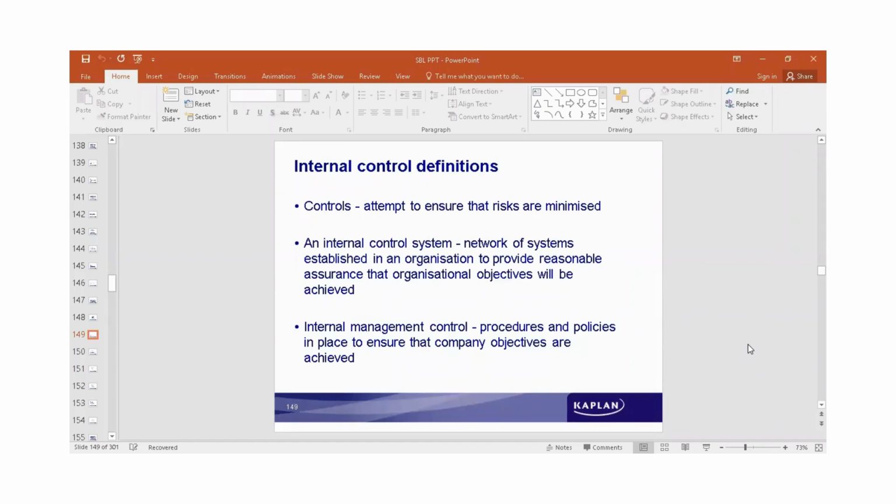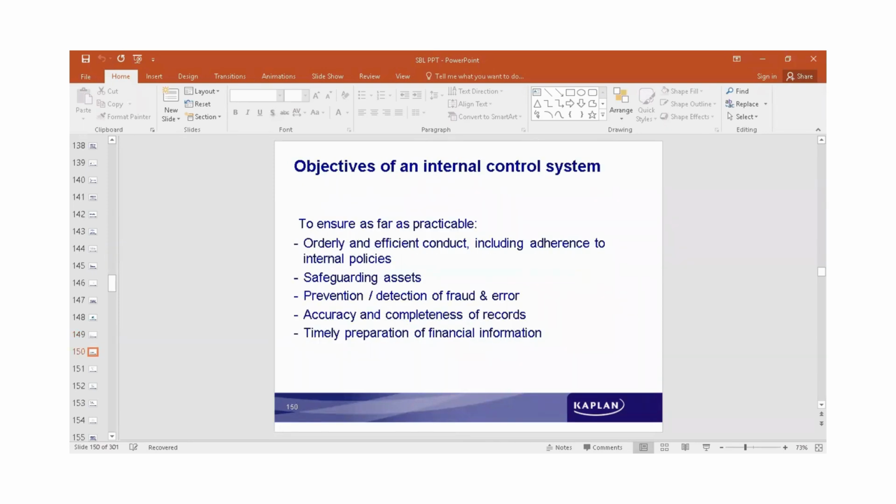Then the internal control definition. It says that the internal control system is a network of systems established. The ultimate aim is to ensure that the organization objectives are achieved. In terms of what are the objectives of the internal control system, to be more practical, there would be orderly and efficient operations carried on in the organization.